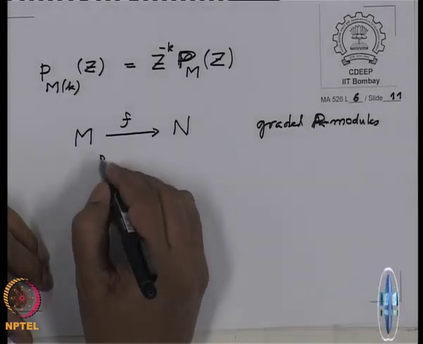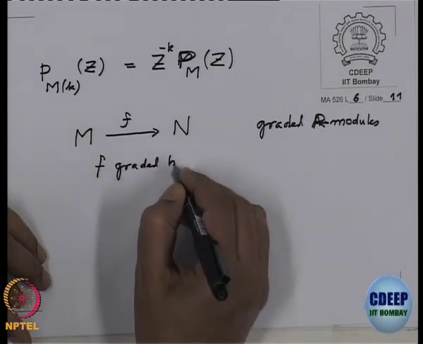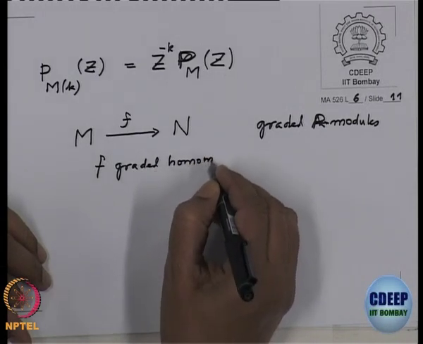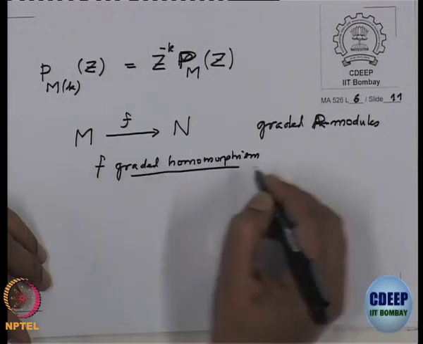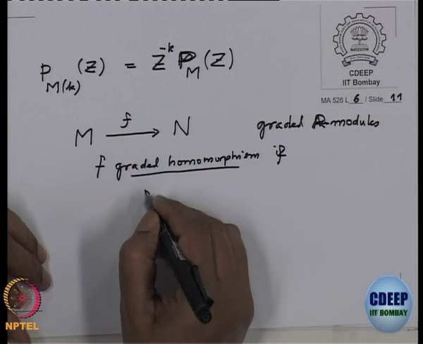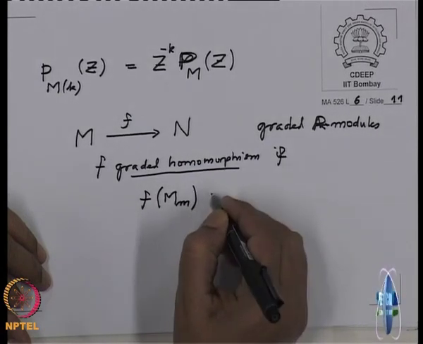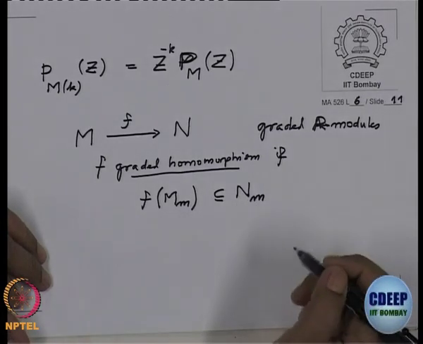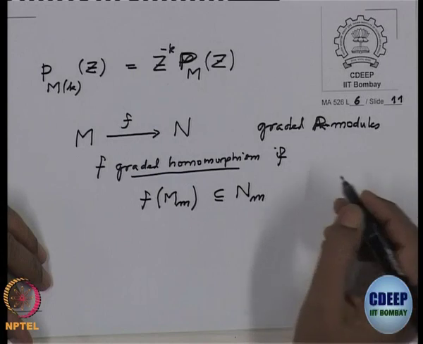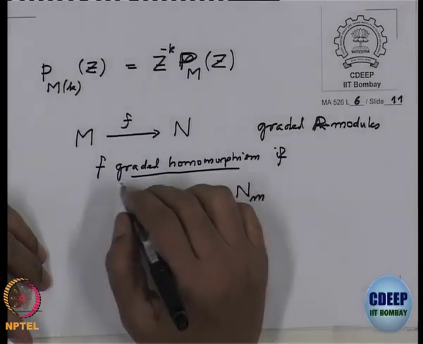So f is called a graded homomorphism if f of M_n is contained in N_n, then you call it a graded homomorphism of degree 0.